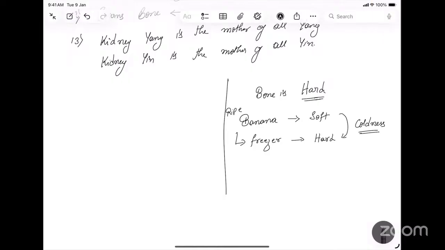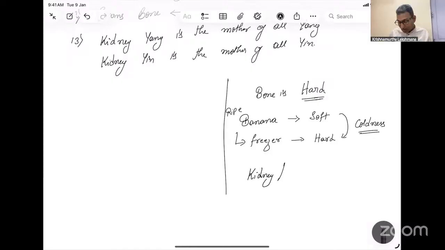And which organ has the energy of coldness? Kidney. Kidney has the energy of coldness.